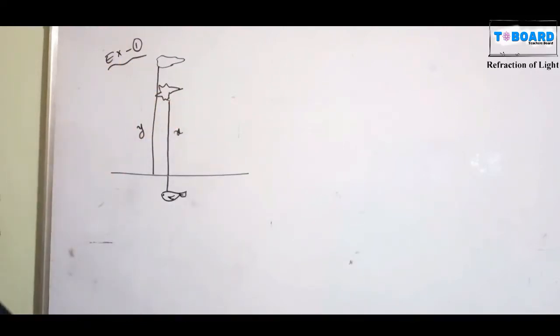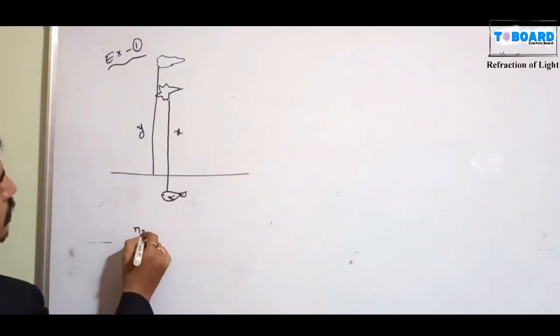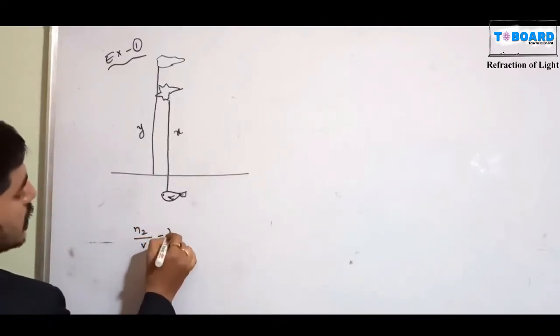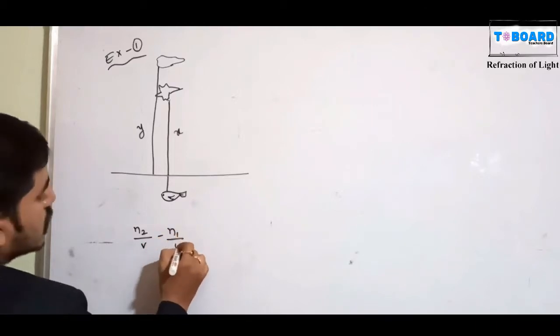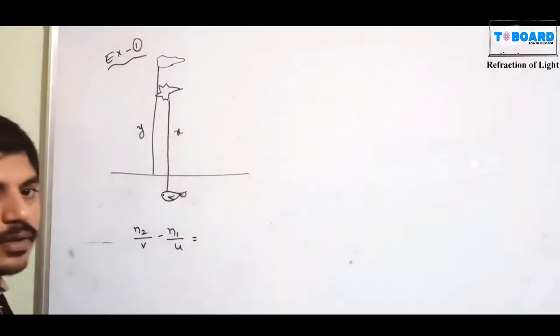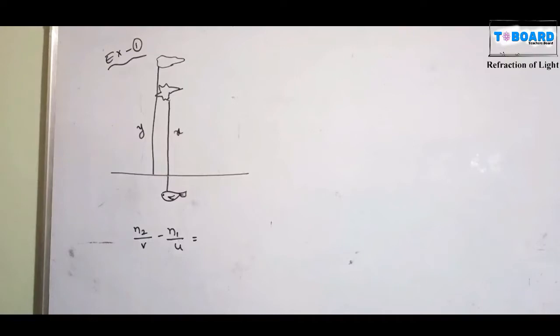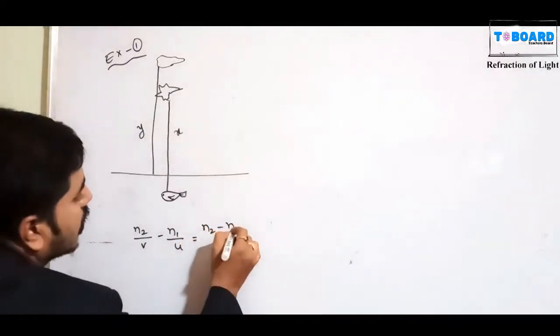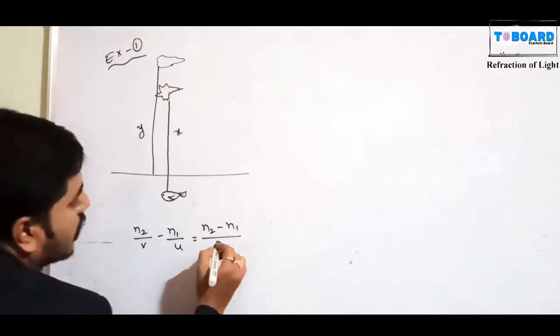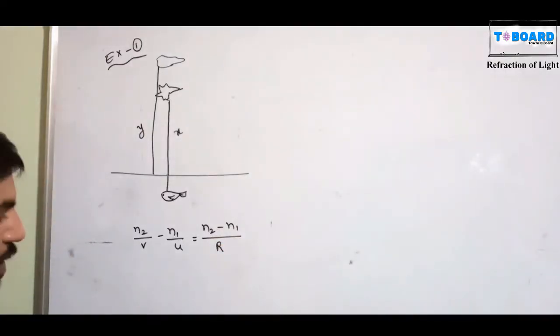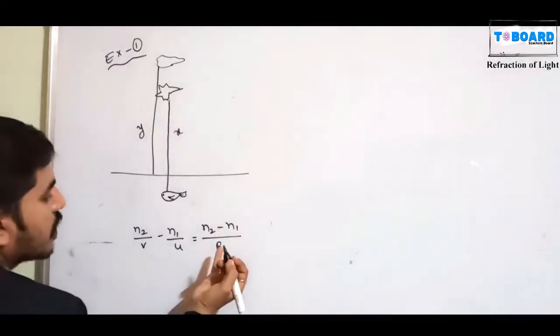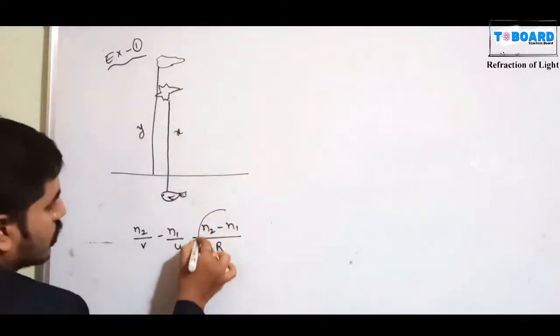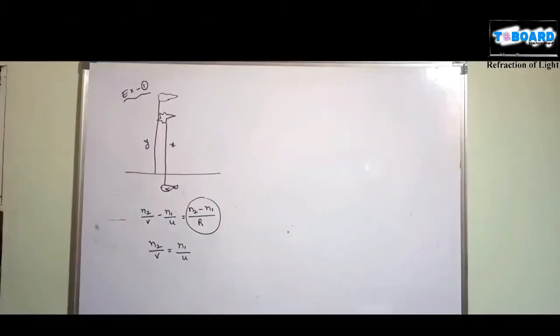Then I am going to say that for refraction, n2 by v minus n1 by u is equal to n2 minus n1 by R. This is the formula. In this formula, R is the radius of curvature, which is not present, so I am going to write it directly.